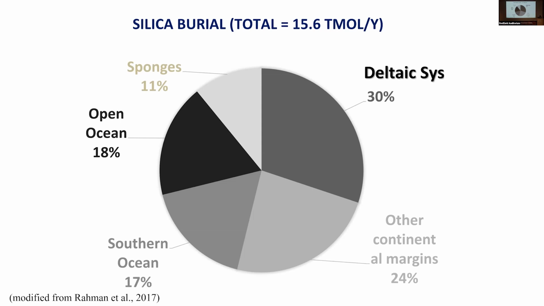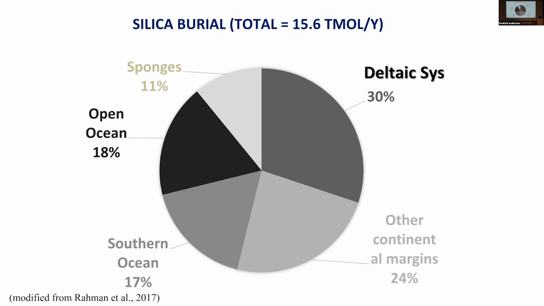And this is a conservative estimate because, as you've learned hopefully earlier today, we don't have good ideas of the areal extent or deposition rates in a lot of these systems. We haven't constrained their sediment budget. So this is only from mostly the topset proximal coastal zone, down to 50 meters of water depth. So it doesn't include deposition in the foreset or the bottomset. But 30%, that's a lot.